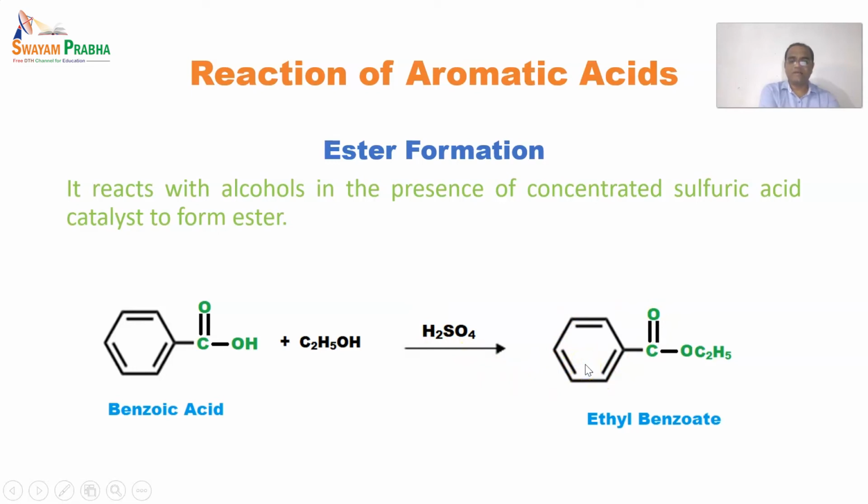Later on it can be separated by a separating funnel. A layer of ester and a layer of water containing alcohol and H2SO4 can be separated, and the layer of ester can be separated because it is not soluble in water or alcohol, and all of the solid has been converted.